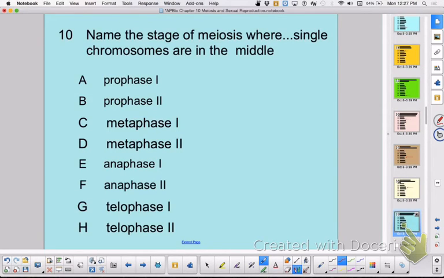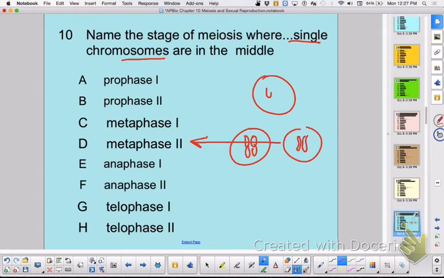Okay. Name the stage of meiosis where single chromosomes are in the middle. Metaphase 2. Metaphase 2 is going to look like this, right? Whereas in 2 different cells, it would look like this. Whereas in metaphase 1, it would look like this. Remember, metaphase 1, you're in 1 cell. Metaphase 2, you are in 2 cells. Okay.